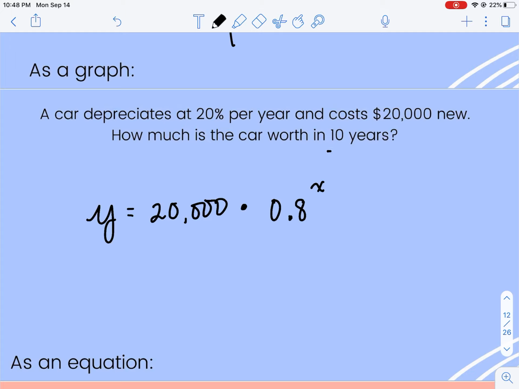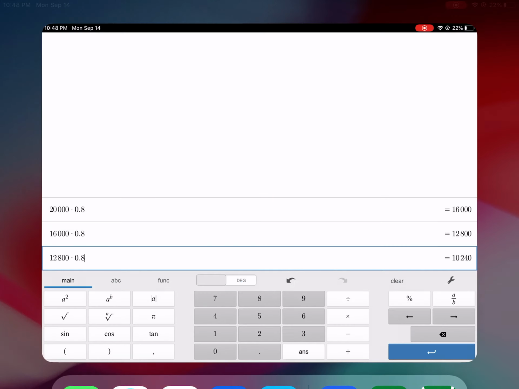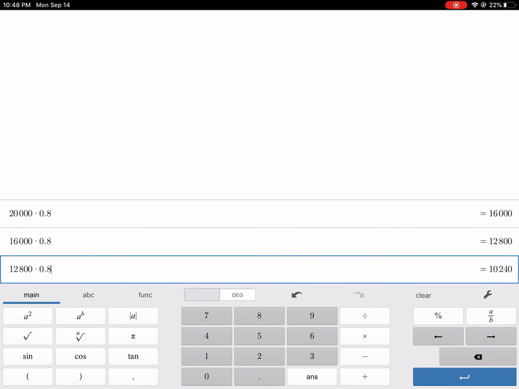And if I want to know how much it's worth in 10 years, I could multiply 0.8 10 times, but I've only done it 3 here. If I do it 7 more, I might make a mistake. Instead, I can say $20,000 times 0.8 to the 10th power, and it's going to do that math for me.